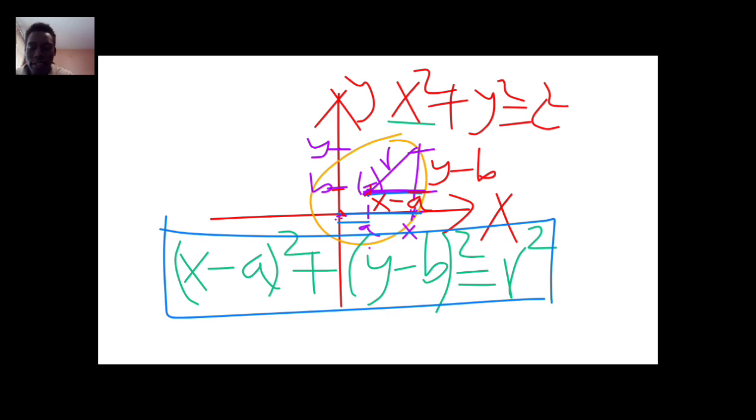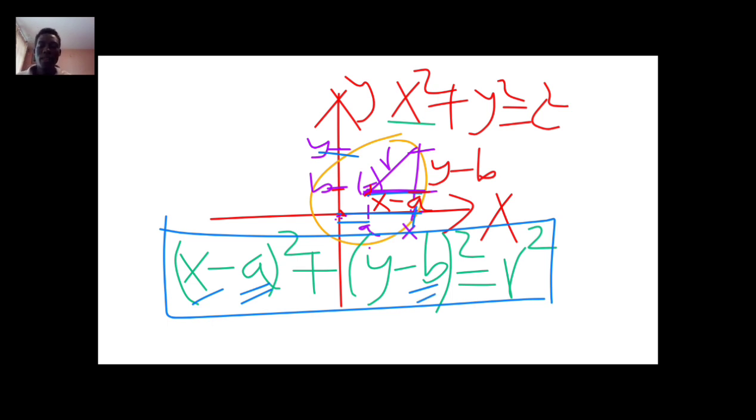So x here represents the x value, and y represents the y value. a and b represent the coordinates of the center.